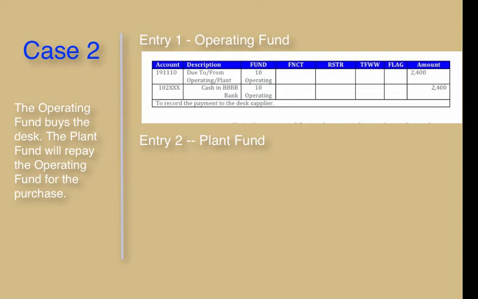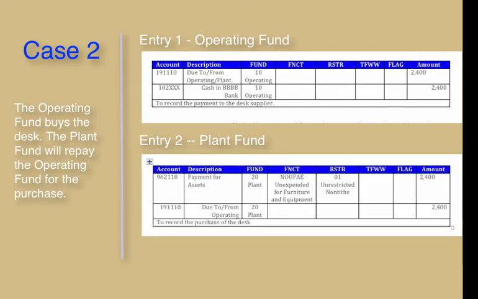The credit side of the entry will be to account 102 something. This would be a cash in the bank account. And the analysis that we need would also be Fund 10. This records the payment to the desk supplier. Notice that in this entry we created a check for the desk supplier directly from the operating fund and recorded the loan to the plant fund as a receivable from the plant fund.